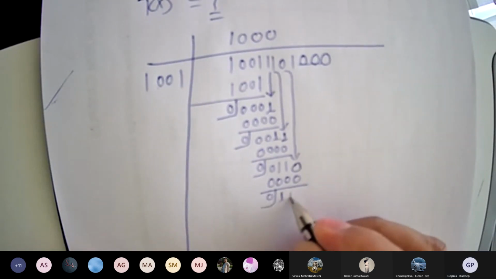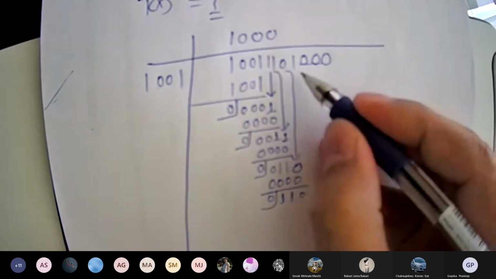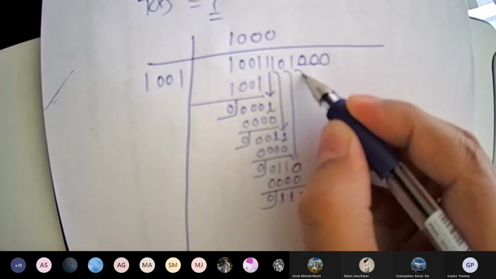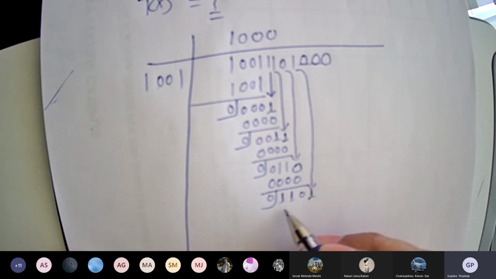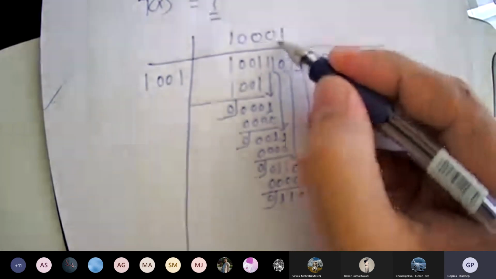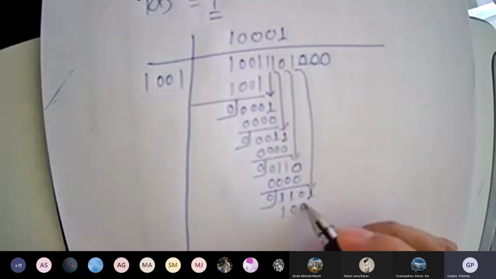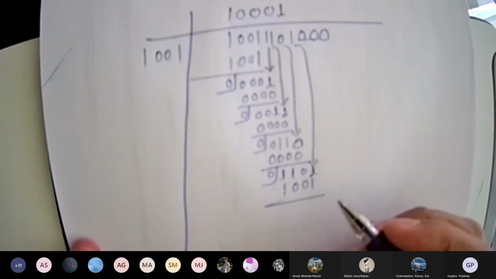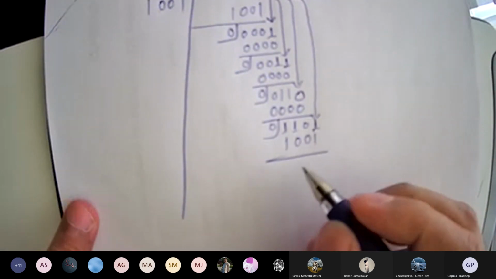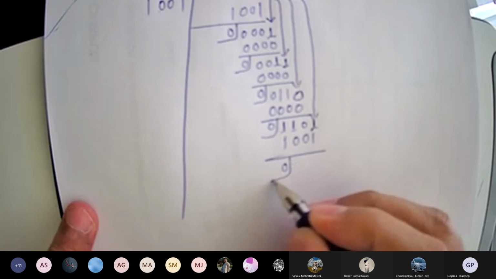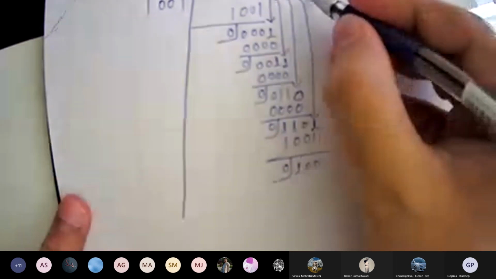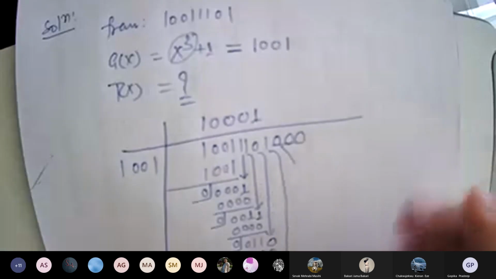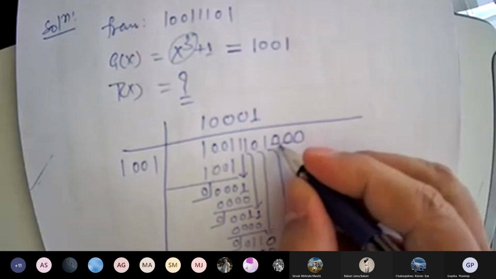This 0 you will discard. Then 110. Then this 1 will come. How many times now? 1. So 1001. So 0 you will discard. 100. Now this 0 will come.